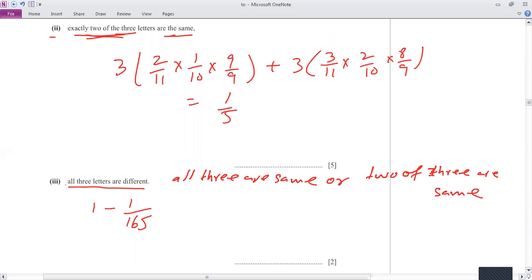Because if you are looking for a statement opposite to all 3 different, the possibility is all three are same or two of three are same. So these are the two possibilities.